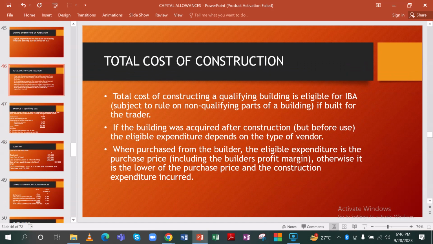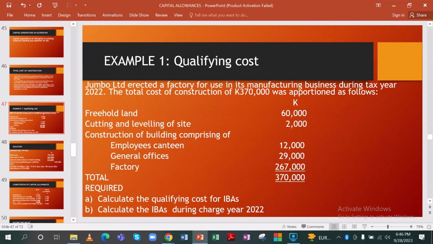Are you able to see now? No, sir, still on total cost of construction. I think it's the issue of the network. We can see it now, sir.